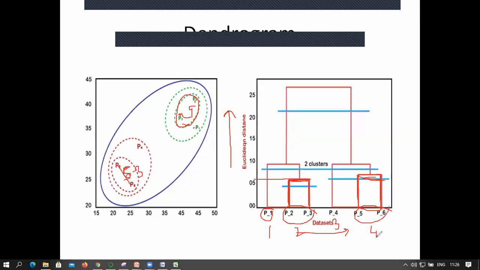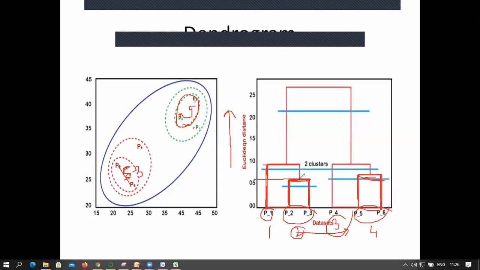Okay. Now again, you will find out the distances between these clusters. Suppose the distance between P1 and cluster number 2 is coming out to be around 9. And the distance between 3 and 4 is almost the same, suppose 9. So from P1, again, draw one line till this 9, and now this is representing one cluster.